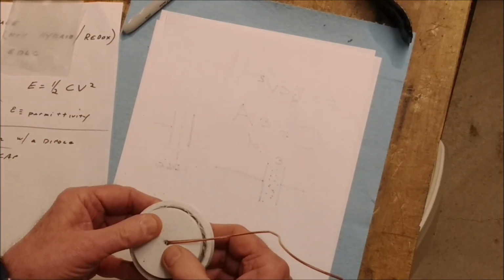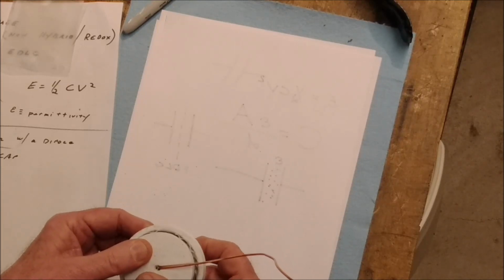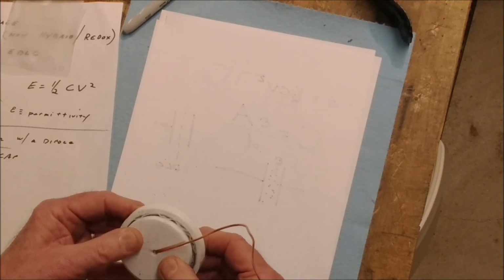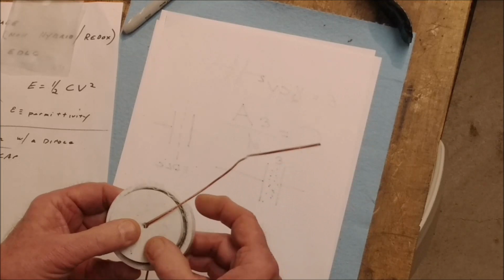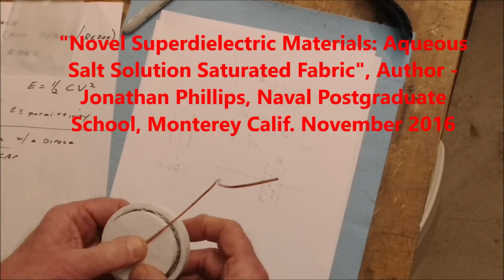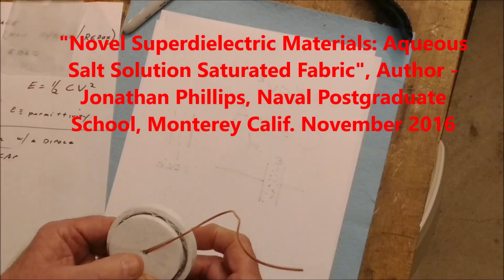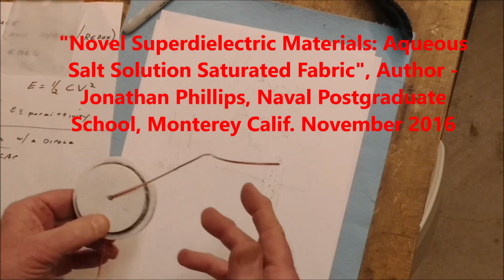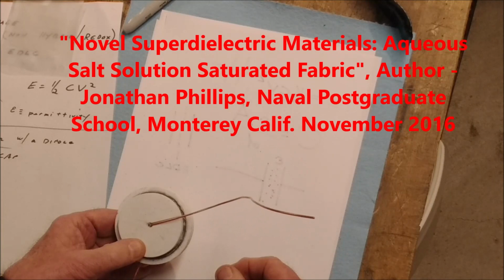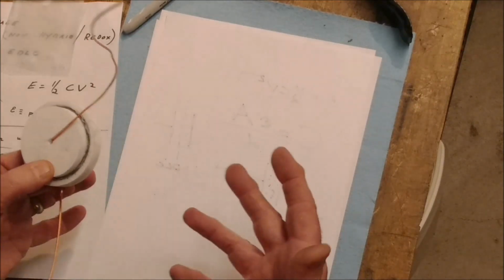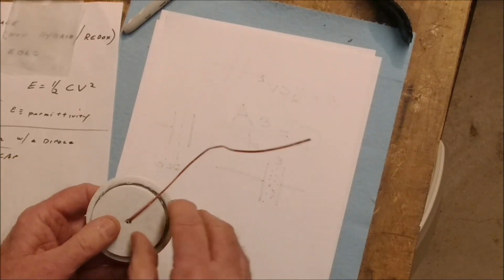As it turns out, one of the papers that was published in the last year or two, I believe, did exactly that. They talked about using fabrics as sites, if you will, or I guess I would call it kind of a lattice. You want to create a lattice for these dipoles.